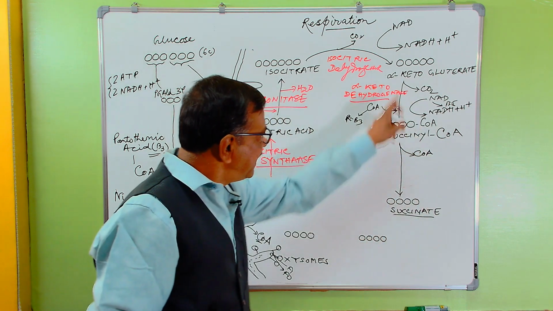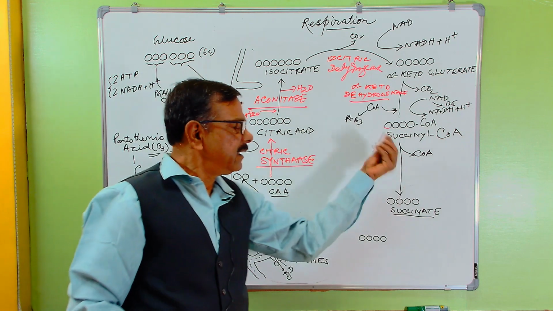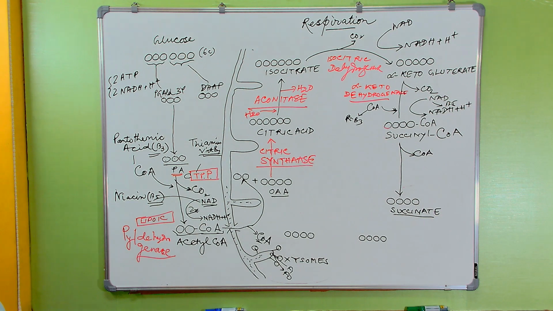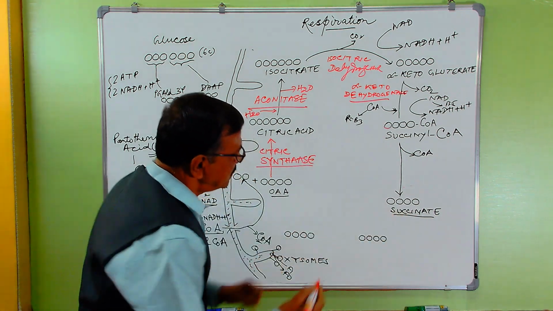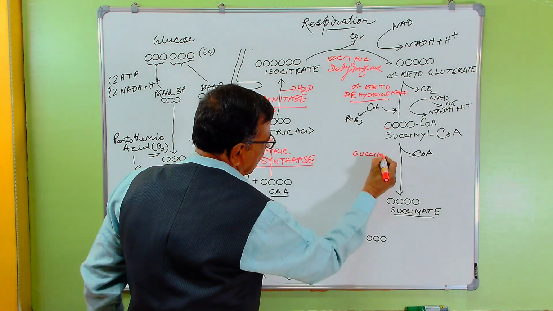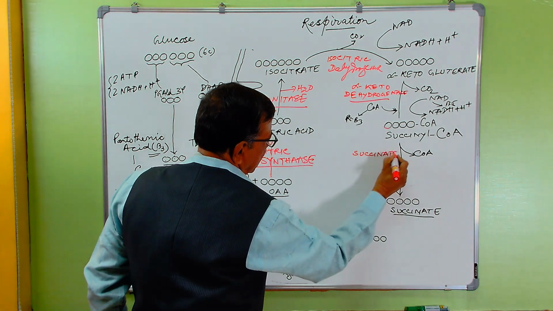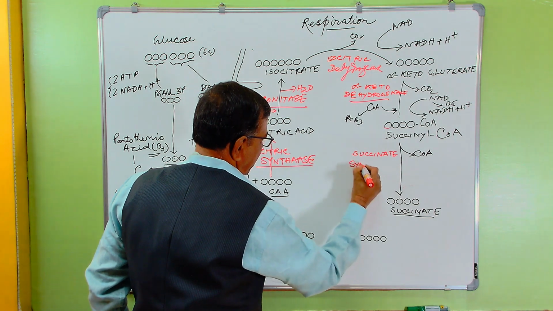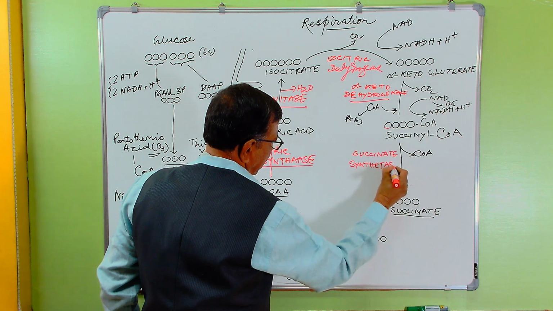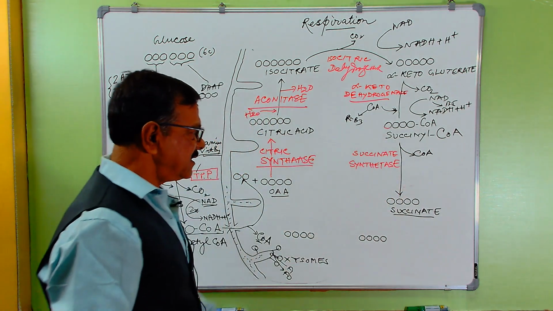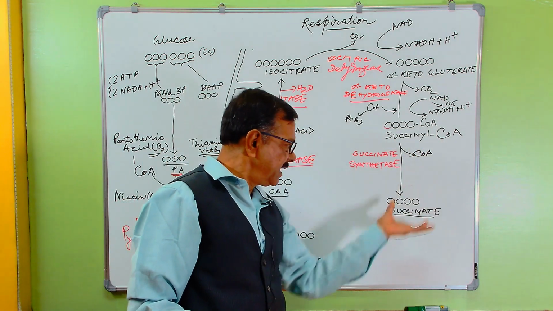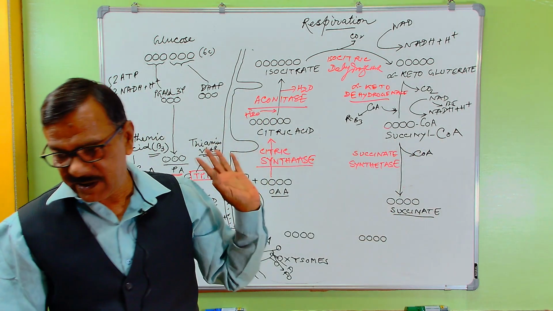Coenzyme will enter here, perform its role, and go after delivery of the products. Succinic acid is produced with the help of the enzyme succinate synthetase. With the help of succinate synthetase, coenzyme is removed and succinate is produced.